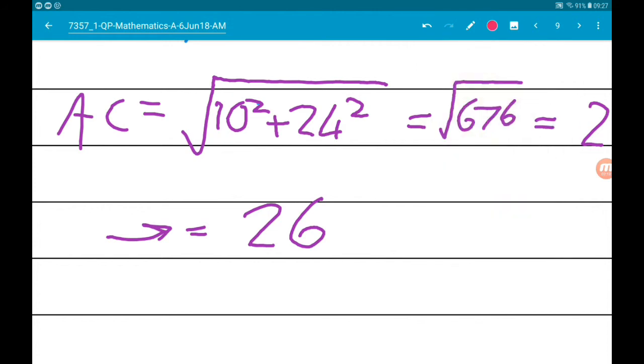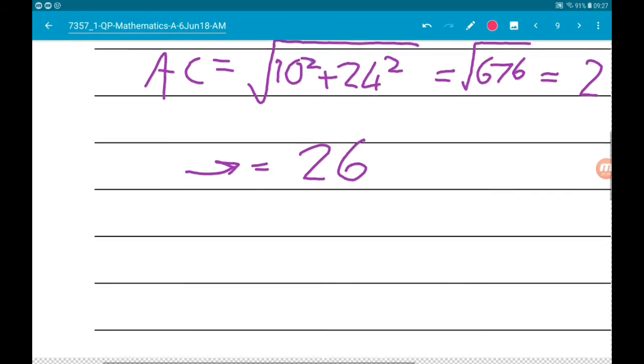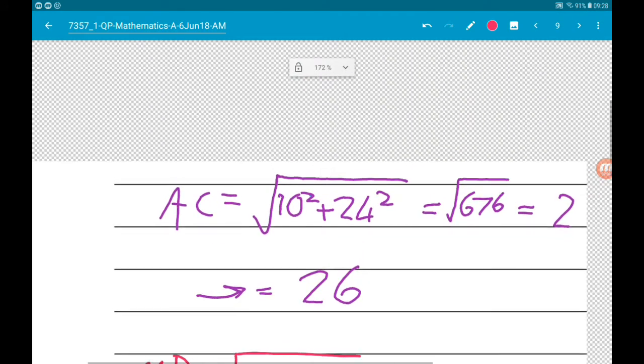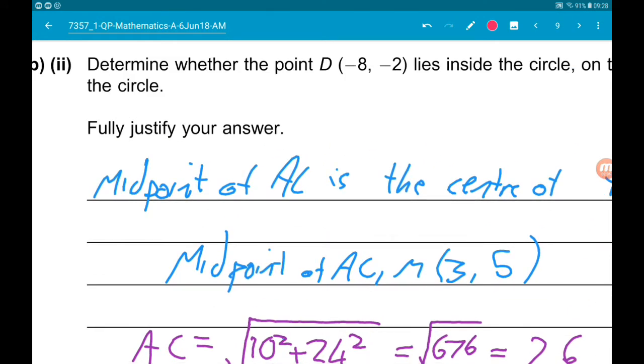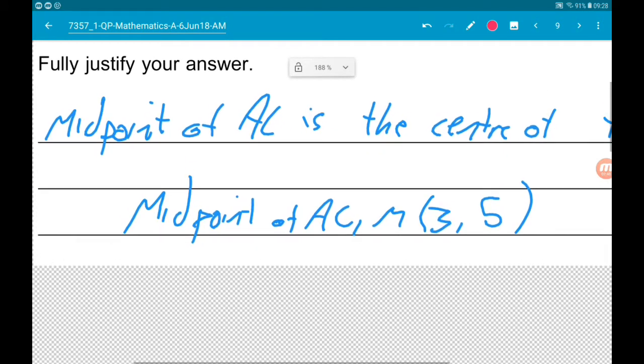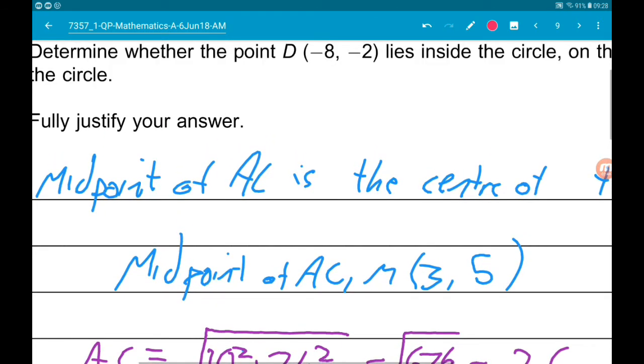Okay, so now we need to find the distance between the centre, which we've called M, and D. So, MD, very similarly, is going to be the square root of, well, D has coordinates (-8, -2), M has coordinates (3, 5).